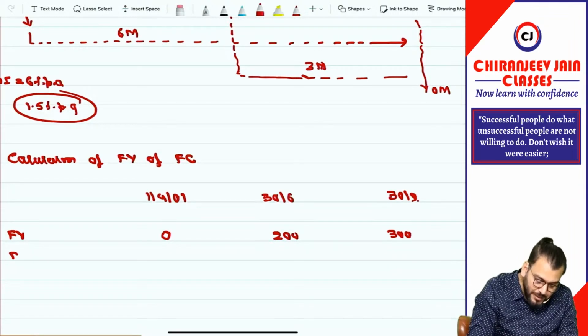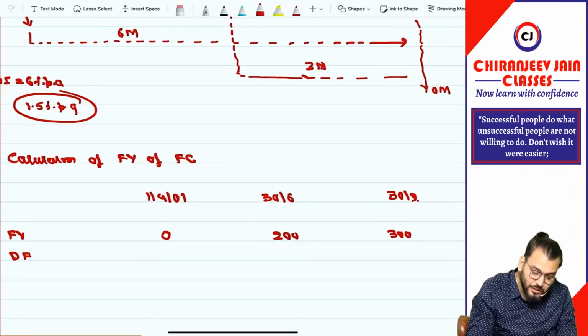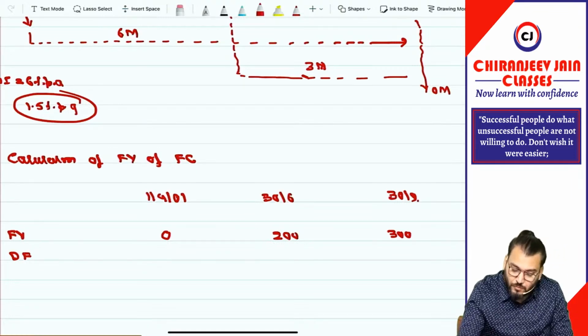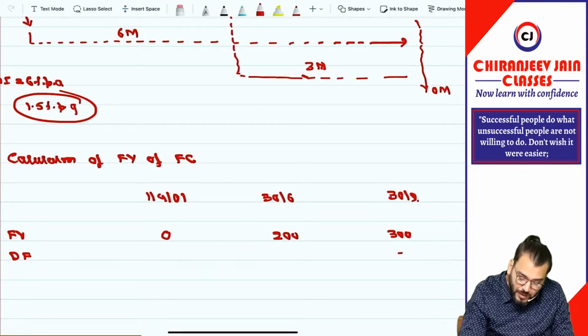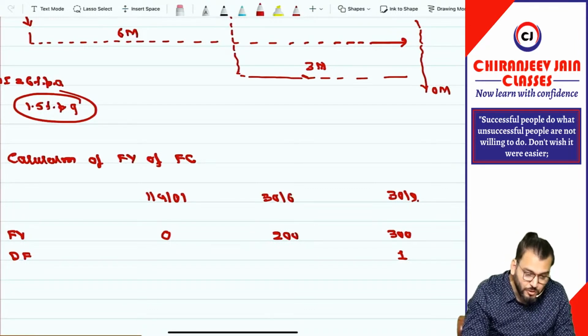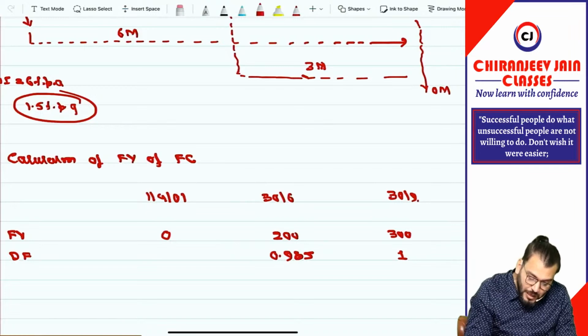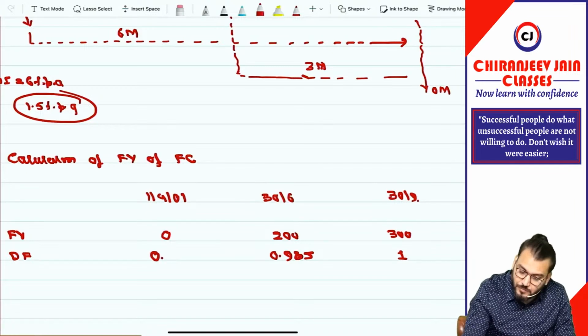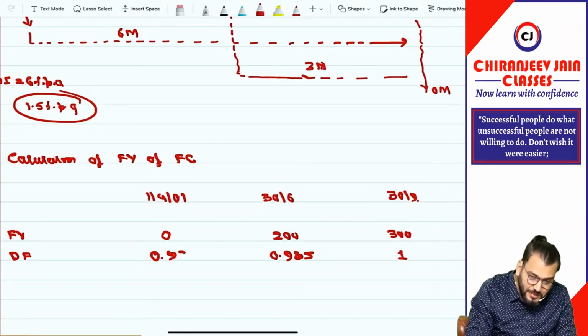Now we'll multiply by the discounting factor. Dividing by 1.015, the discounting factor at the beginning will be 1, then this will be 0.985, and this will be 0.971.